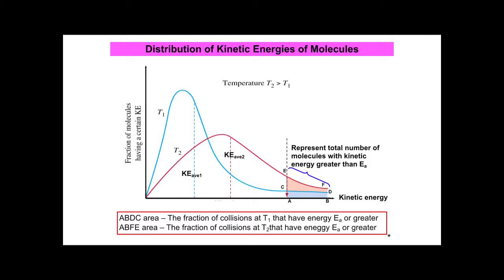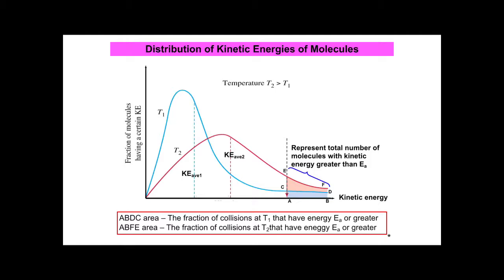Then you draw a wider curve, the red one, and label T2. Note that the temperature of T2 is greater than T1. Then on the right side, you draw a dotted line to represent activation energy.